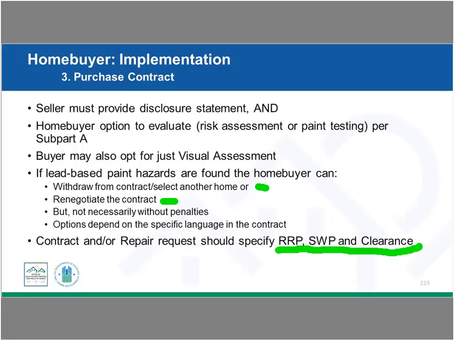Now, some of you are probably thinking, I've had projects where the owner of the property, the seller, chose to do that work themselves, treating those unstable painted surfaces. The owner can do that work, but our concern is the outcome.